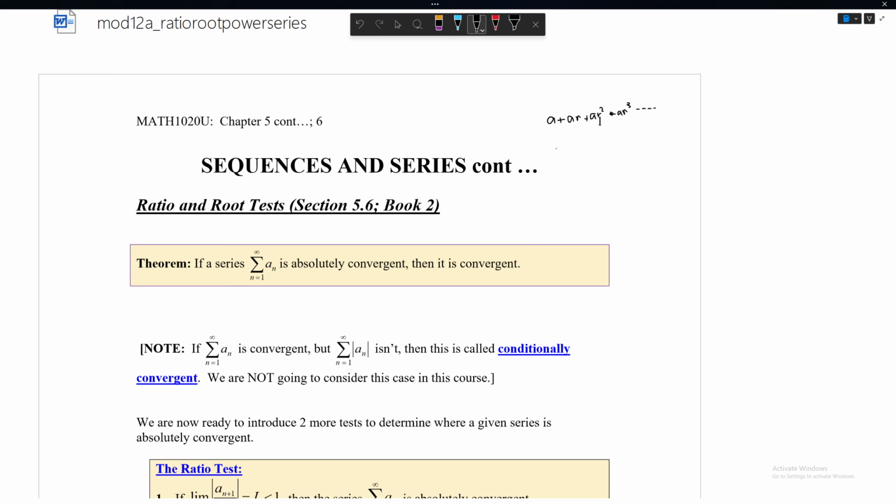The way you would notice it is if it was ar^(n-1). If your sum was n equals 1 and you saw this, then this would be geometric. And if the sum was n equals 0 and your term was ar^n, this would also be geometric.